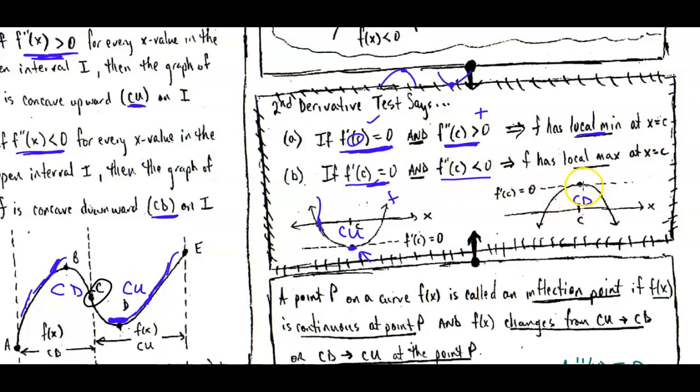So concave down at a critical value tells me I'm going to have a local max there, okay?